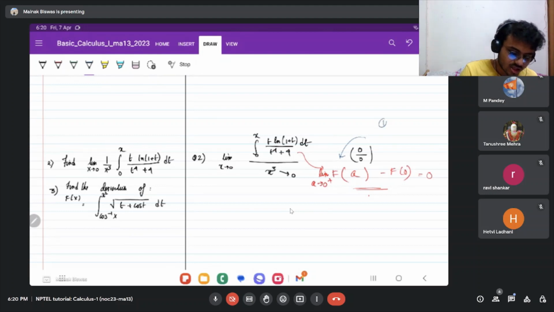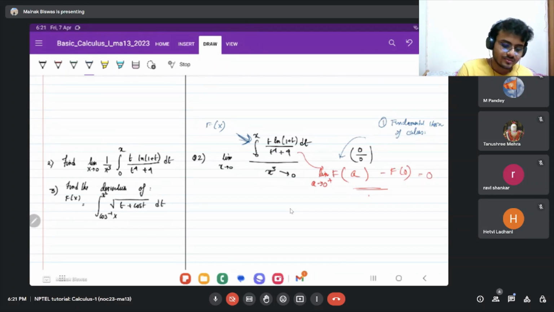So one definition I applied is the fundamental theorem of calculus. If this is F of x, by this I mean this without the limits. F of x is this without the limits.